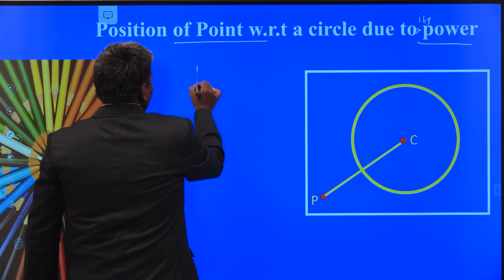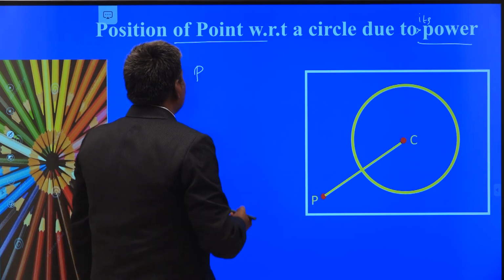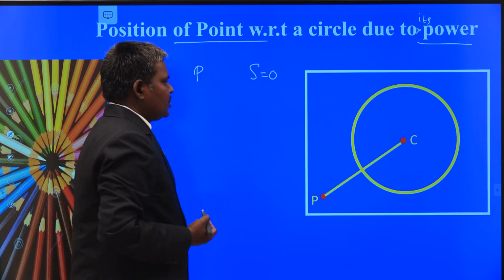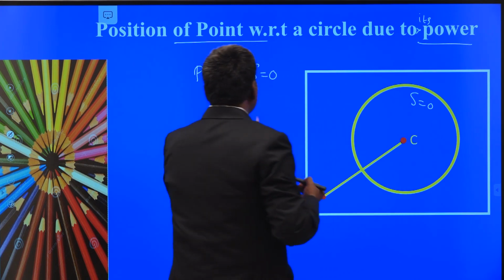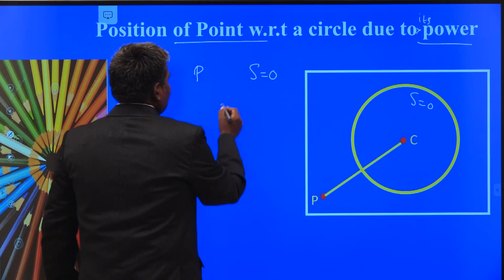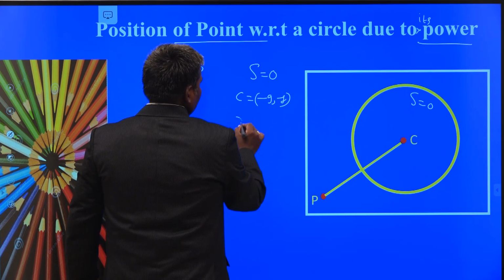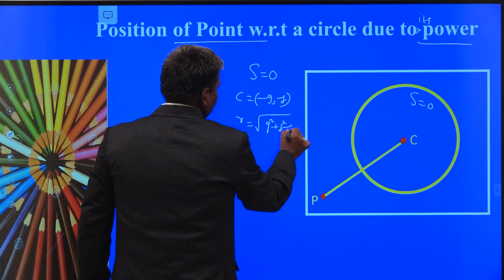Suppose P is any point in the plane of the circle as shown in this figure. S equals 0, say. This is my circle, S equals 0. What is its center? Minus g comma minus f. You know the radius is root of g square plus f square minus c.